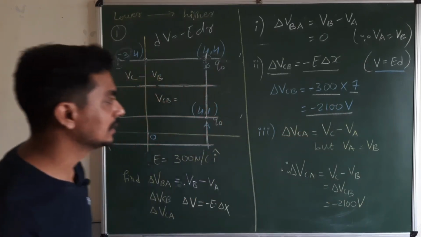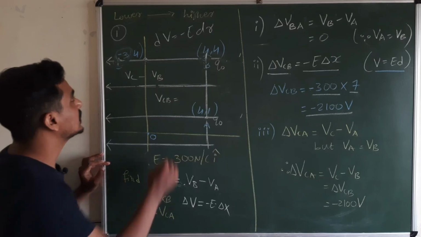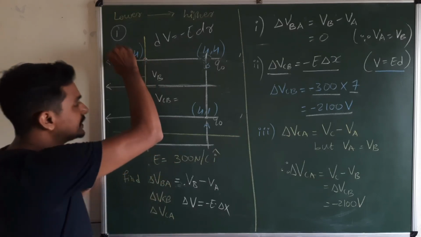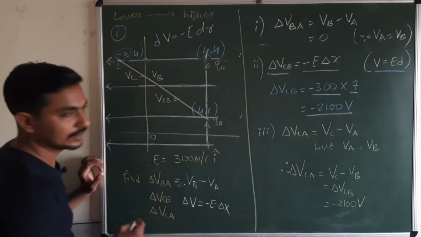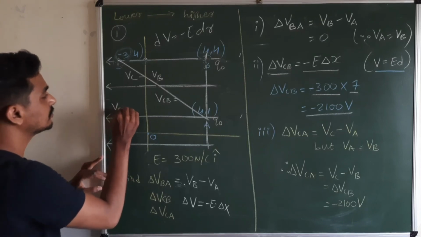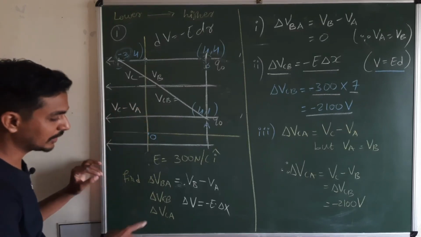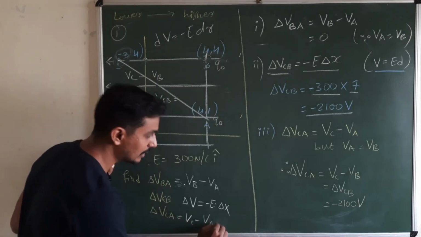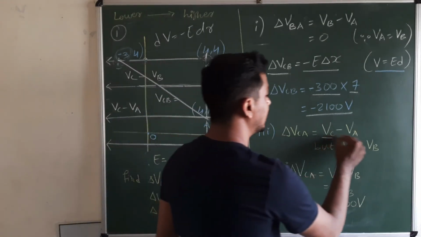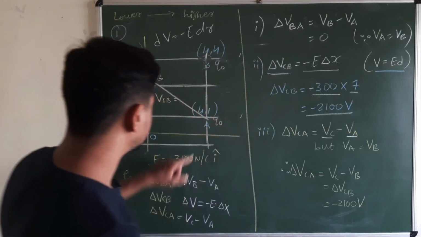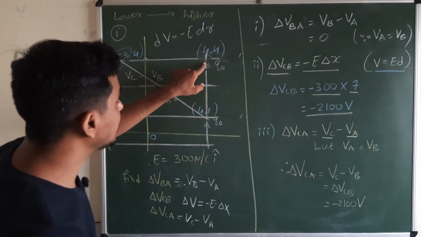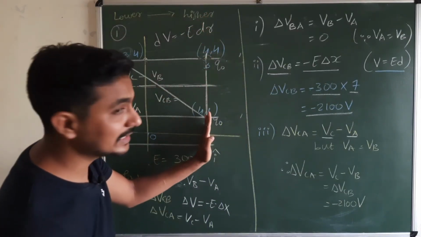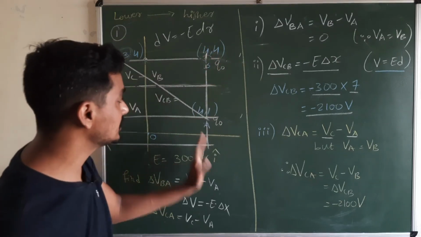Now it is asked delta VCA, that is the potential difference between point C and A, this point. That is VC minus VA, which we have to find. But here VA and VB lie on the same equipotential surface.